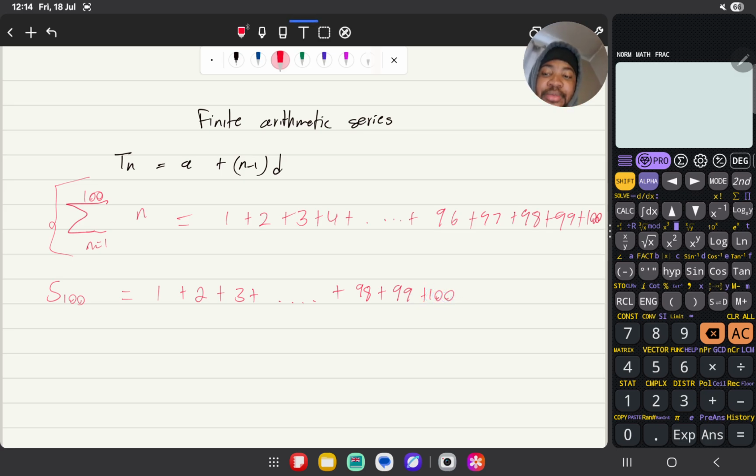Now I want to add this to another S100, but this time I don't start with 1, I start with 100. So I have 100 plus 99 plus 98, and then down to 3, 2, 1.